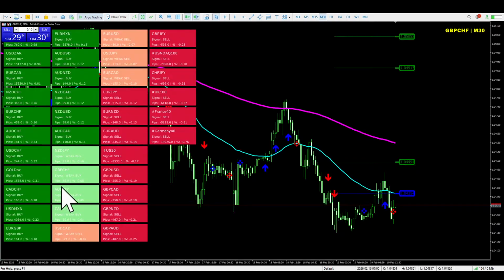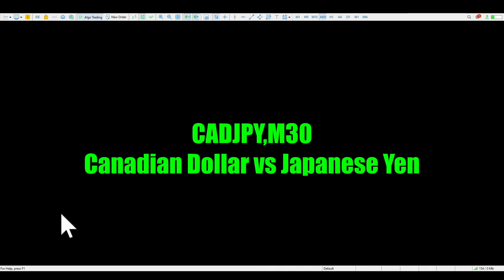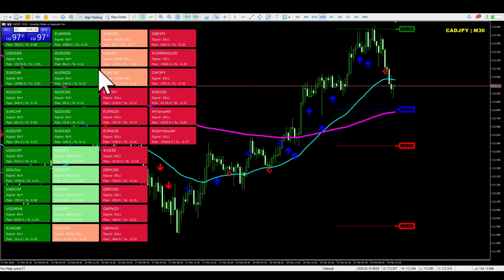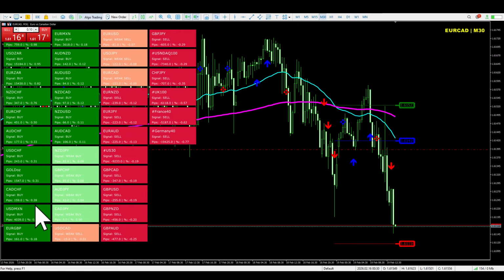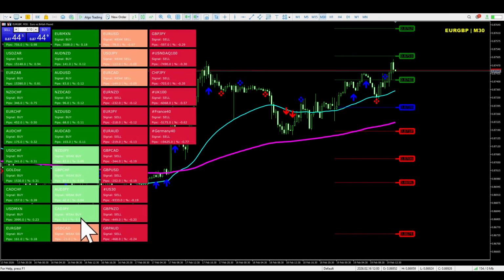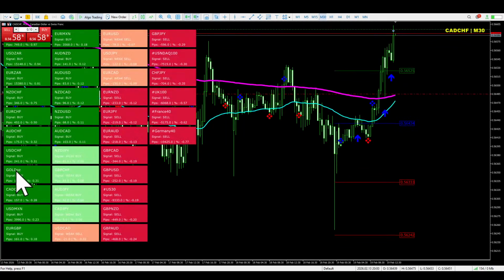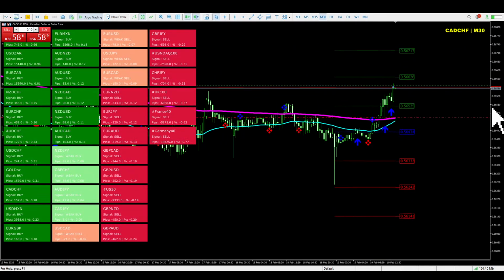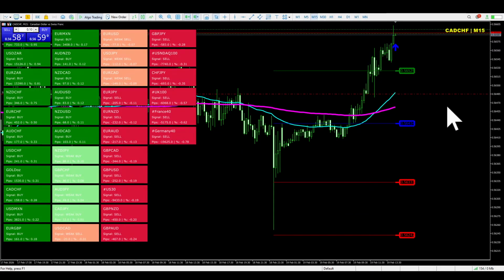If you're like me, you like looking at several charts, and this is definitely the way to go. This is the simplified version of how you can analyze multiple markets in just a few moments. That's basically how you find those trades.